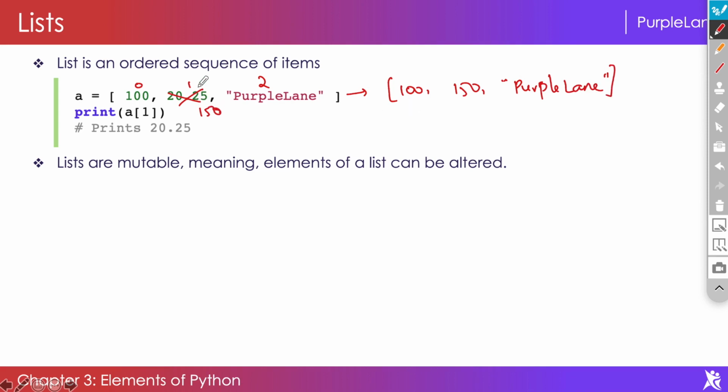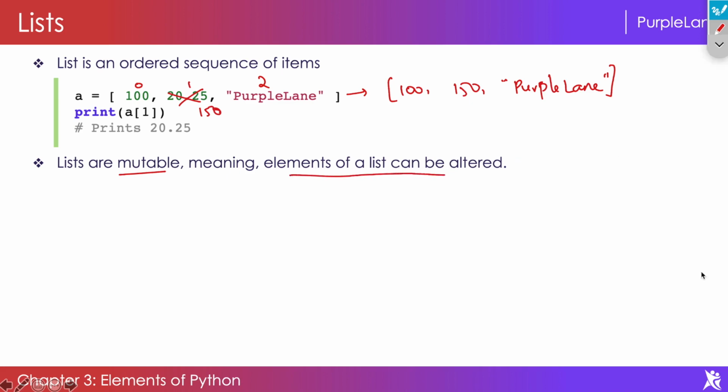After changing the value at index 1, the list should look like this. So what I'm essentially doing is altering the value at index 1. This is perfectly valid in Python to alter an element in a list. So lists are mutable. That means elements of a list can be altered.